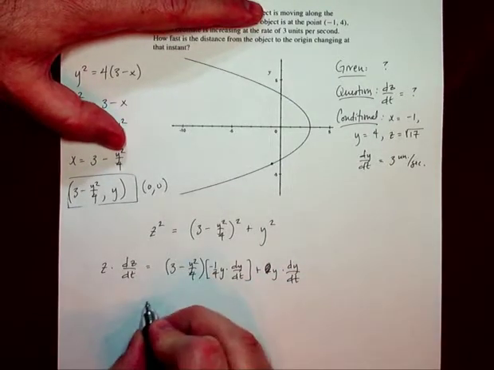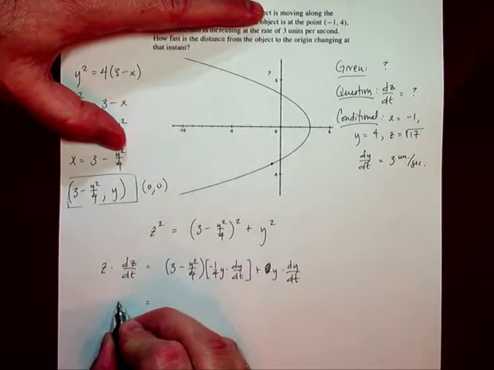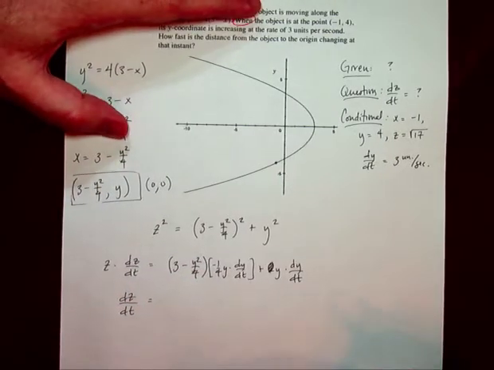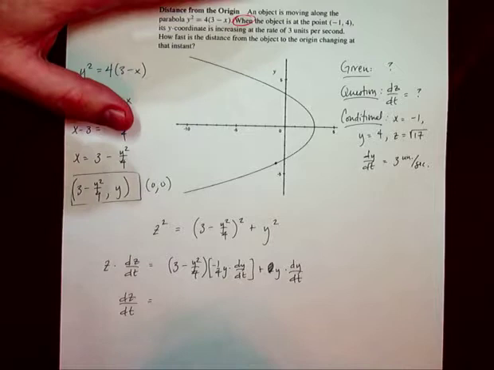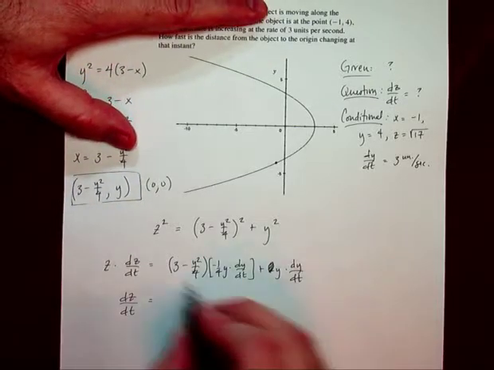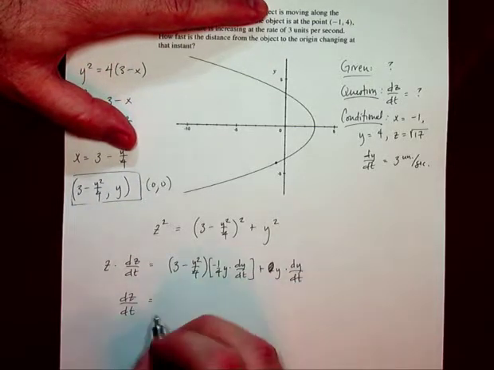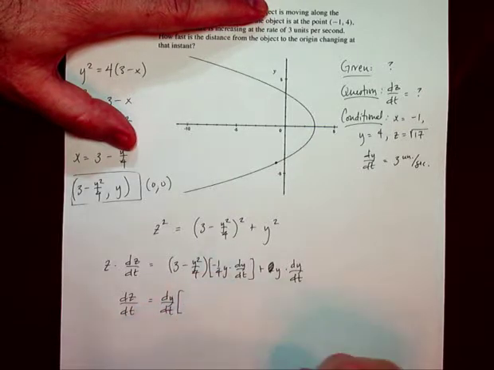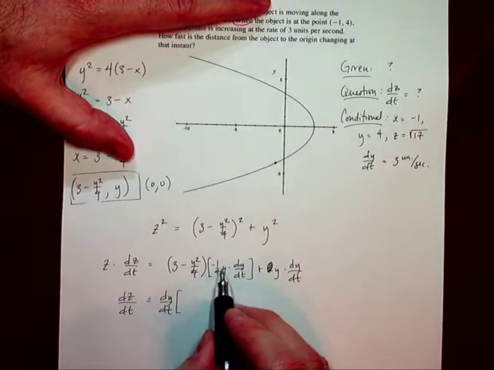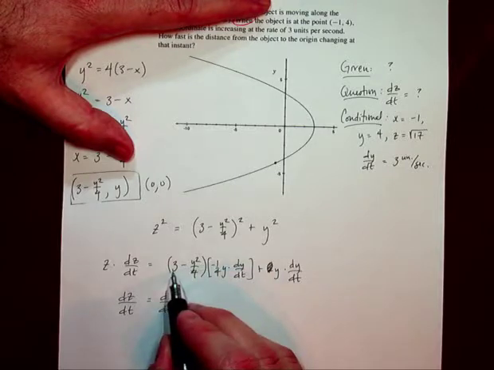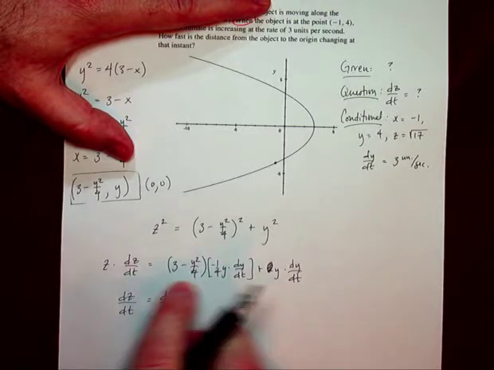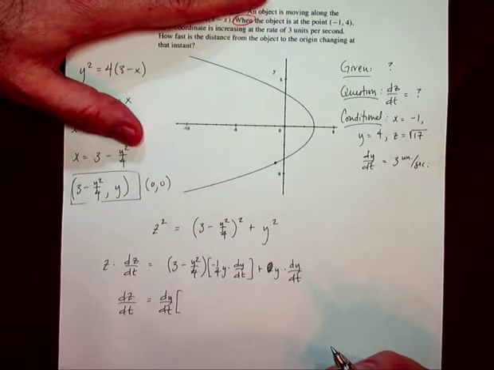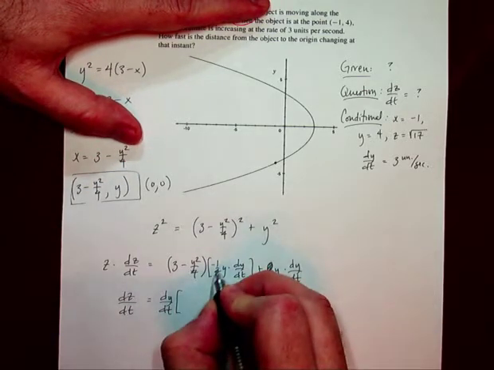Okay, let's clean up this left-hand side. We are looking for dz/dt, so we'll clean up this right-hand side and then either divide by z or multiply by 1 over z. Now, this is two terms, both of which have a dy/dt. When I distribute this negative 1/4 y across here, I can use the negative to flip the difference, and I get, sorry, this is supposed to be 1/2 y.